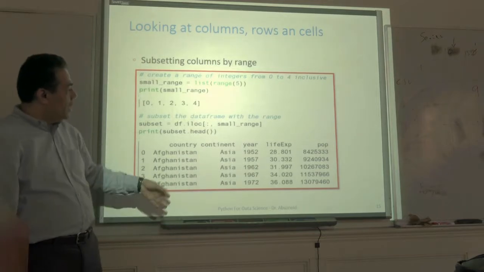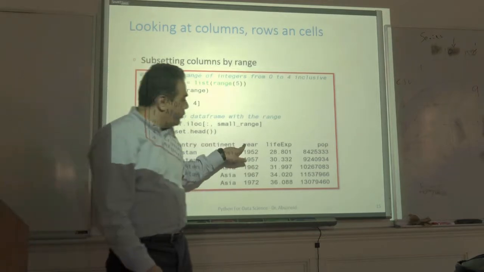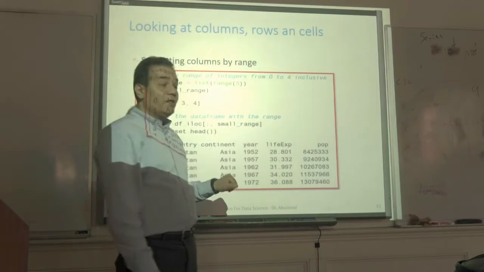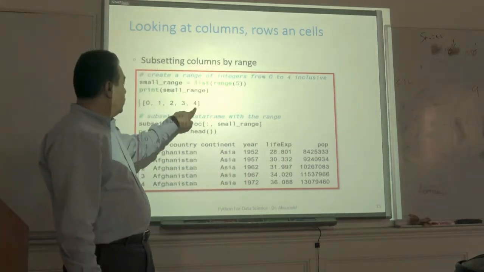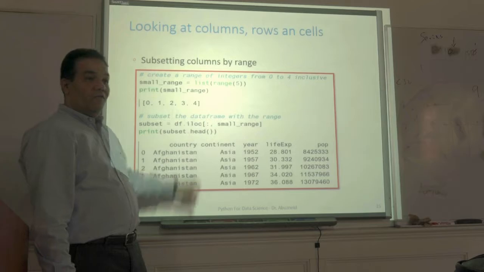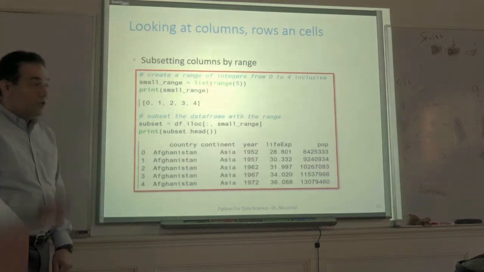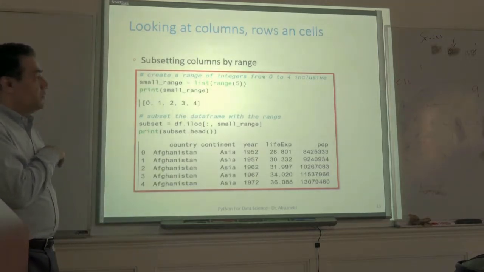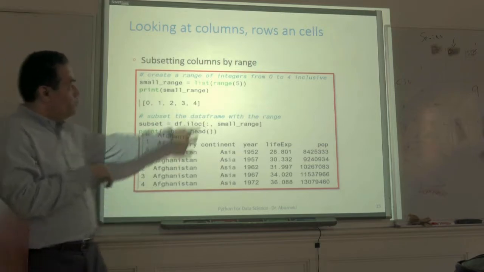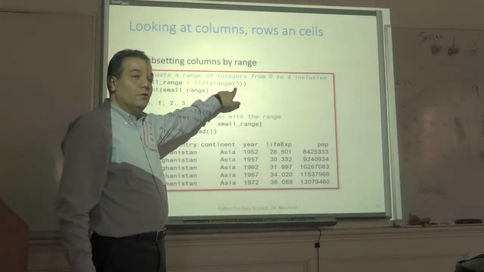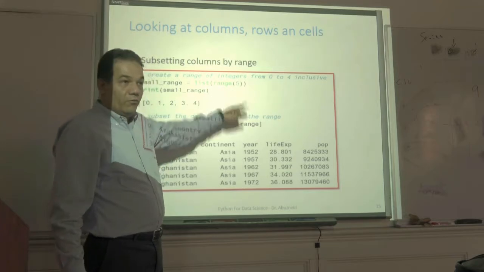And how many columns does it have? 1, 2, 3, 4, 5. We are missing the 6th one. The reason for that is because we selected only 5 columns. If I need, for example, to print 3 columns, I have to use range 3, right?